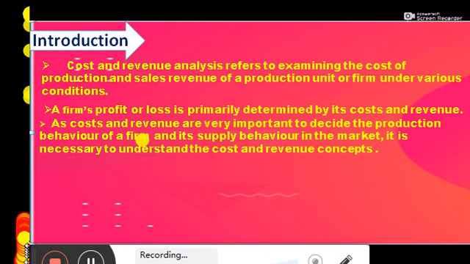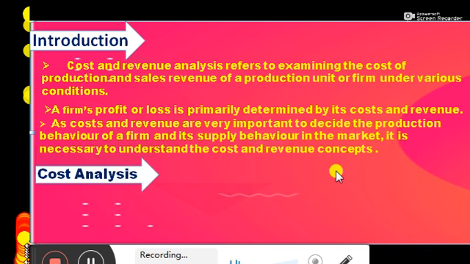So whether they continue the production or not is based on the cost and the revenue of the particular firm or production unit. To study the production behavior of your firm and its supply behavior in the market, it is necessary to understand the cost and the revenue concept.